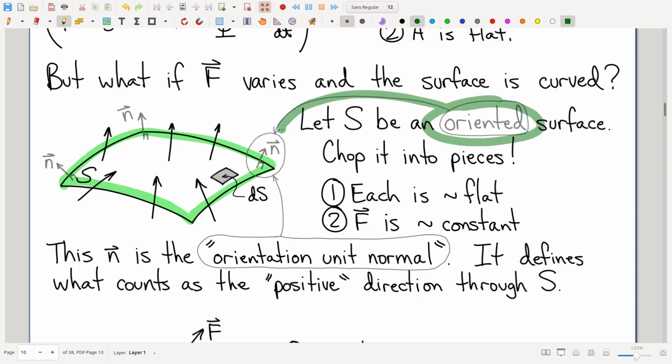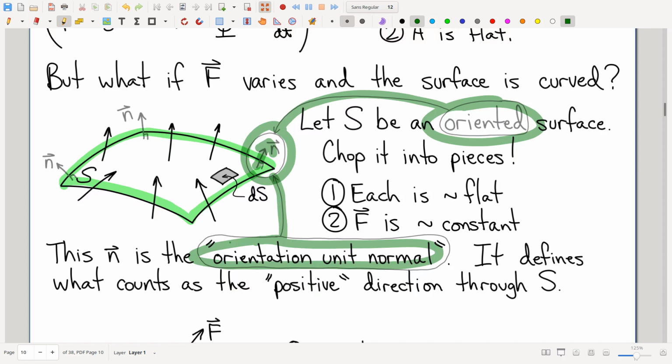The orientation being indicated by a vector that we call the orientation unit normal. So the orientation unit normal is just a unit vector perpendicular to the surface. There's two different choices, right? And pick whichever one points in the direction that you want to call positive flux.